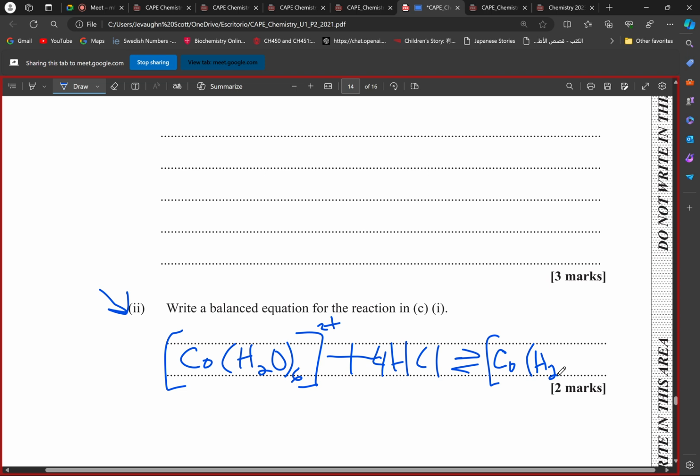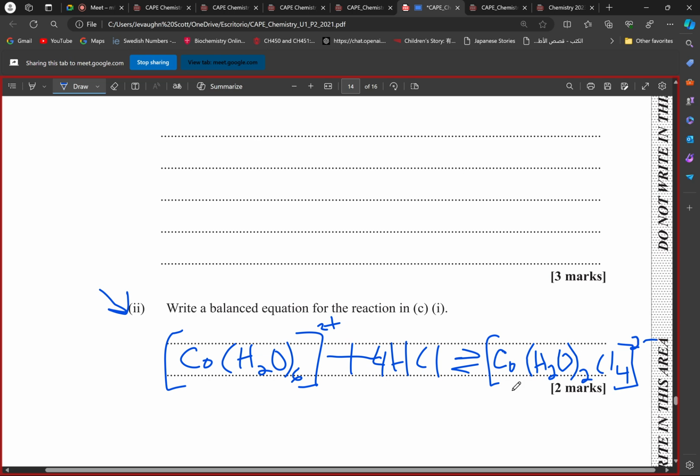We allow H2O, and in this case we're going to have H2O2, and open bracket, we're going to have chloride. Well, we don't actually have to have the open brackets, so we can just leave it like this, to be very honest. We can show that there are 4 chlorine atoms here, and then close the bracket and put the 2 minus ion.